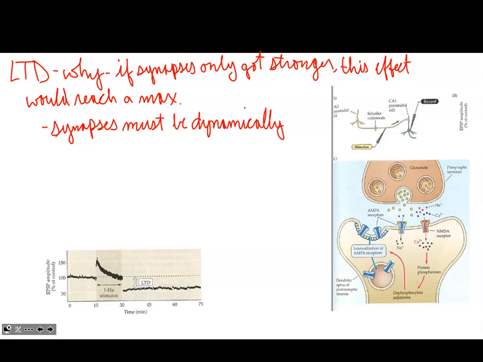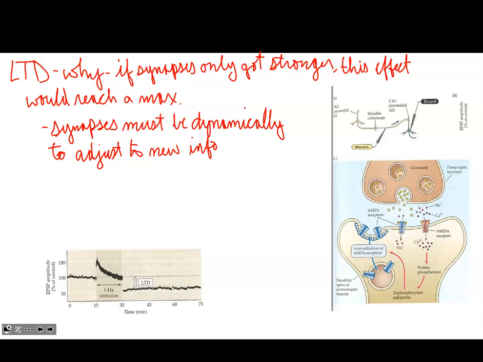Something that's static stays the same, but these synapses will be changing dynamically, to adjust to new info.